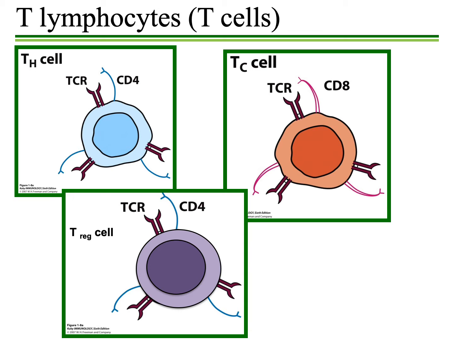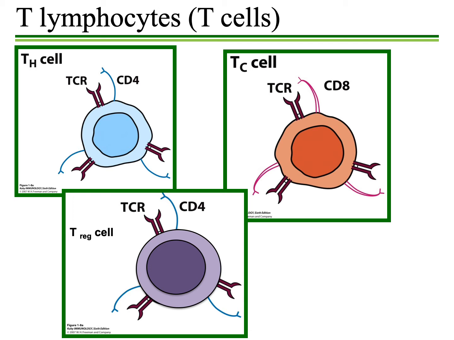So the tolerance mechanism prevents the immune system from attacking self-components or self-antigens. The regulatory T cells play a very important role in this particular process of protecting the host components, the self-antigens, from being recognized as a potential threat.